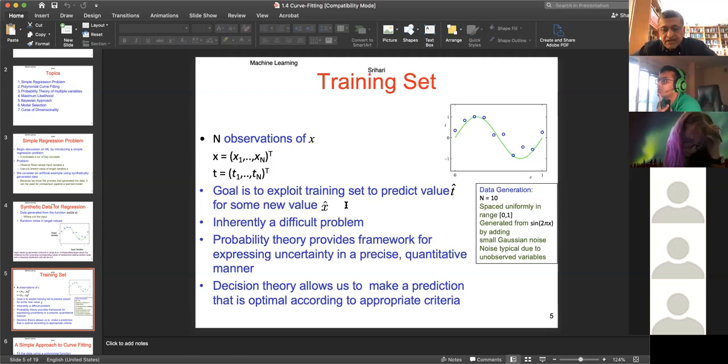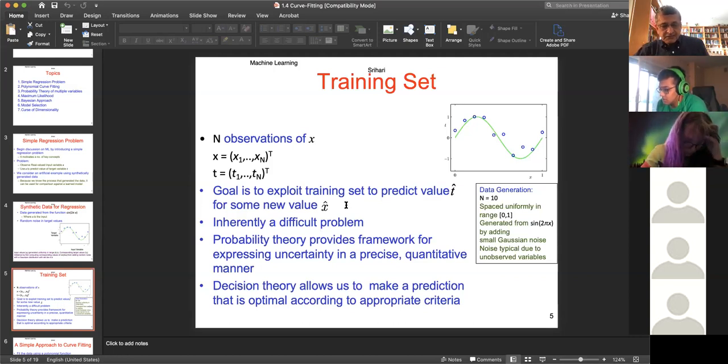So when I give you some new value, which is not in the training set, it's distinguished from the training set as an x hat value. So we are predicting some t hat from that. And this is inherently a difficult problem, because we don't know it's coming from a sinusoid. We just have the samples.